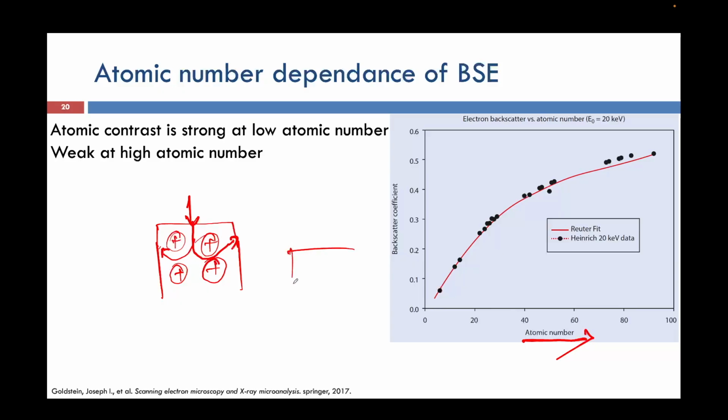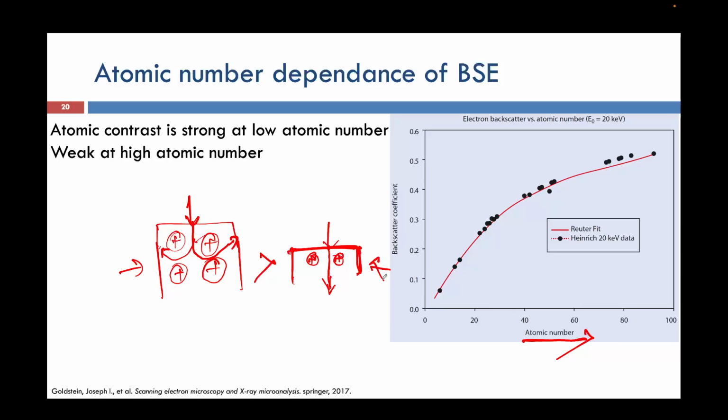Let's say I have a light element, which has a smaller number of positive charges. Then the penetration depth of the incident electron beam will be more, right? So that means the number of backscattered electrons that I will get from a high atomic number element will be much higher than from a light element. Why?